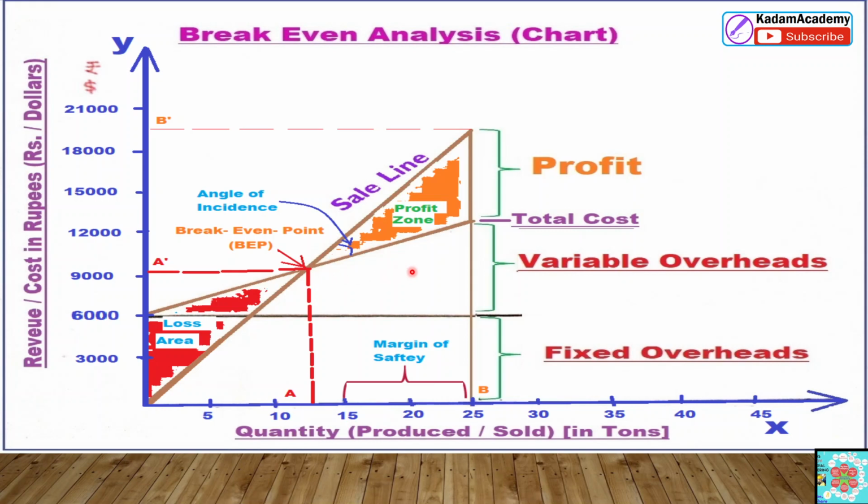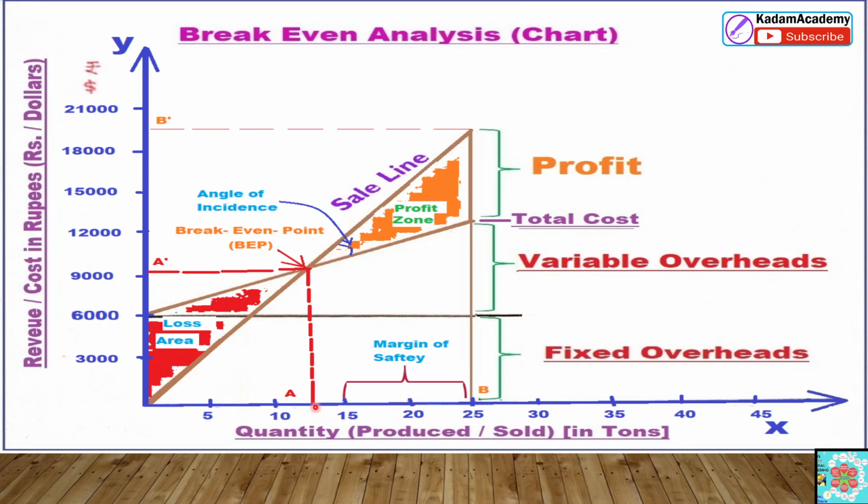Above this, whatever the sale, from 15 to 25, see here, this is the margin of safety. This is the difference between the actual sales here minus the sales at BEP, which we can say is at point A. This value is the difference between this 25 minus, suppose this is 12, so that will be your margin of safety.